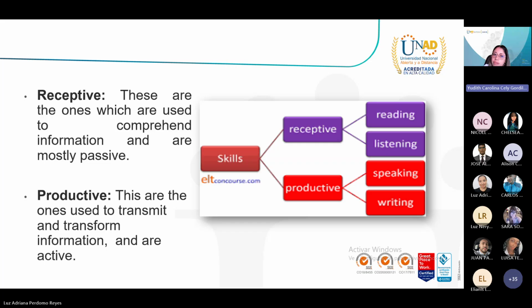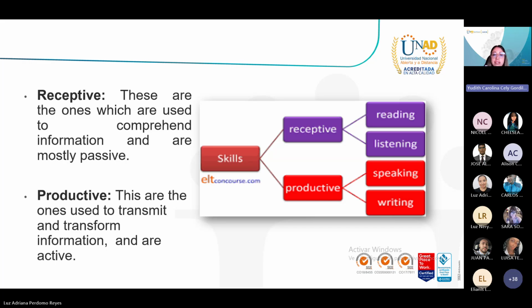You have both receptive and productive skills. You are going to organize all those skills in English: reading, listening, speaking, and writing. These are the four skills that you are going to use to produce knowledge in English. But it is important to analyze the receptive and the productive.